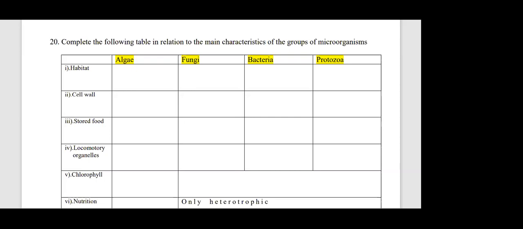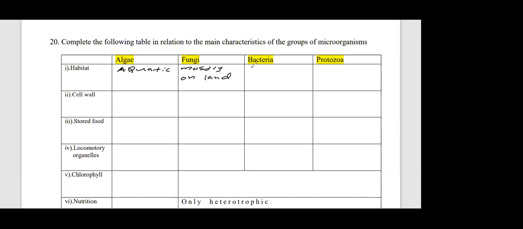Algae all are aquatic. Fungi mostly terrestrial, mostly on land, though there can be aquatic ones also. You can write terrestrial.